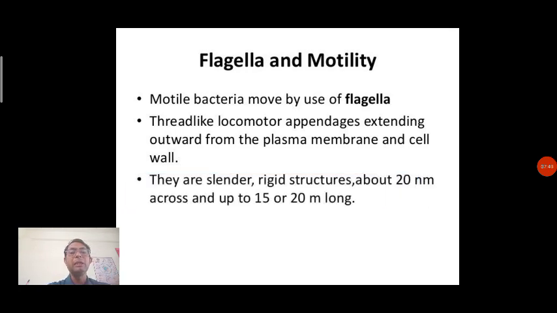They are slender and rigid structures, about 20 nanometers across and 15 to 20 micrometers long. We need to remember that flagella are useful for motility, while pili and fimbriae are useful for attachment. That is the basic difference between pili, fimbriae and flagella.